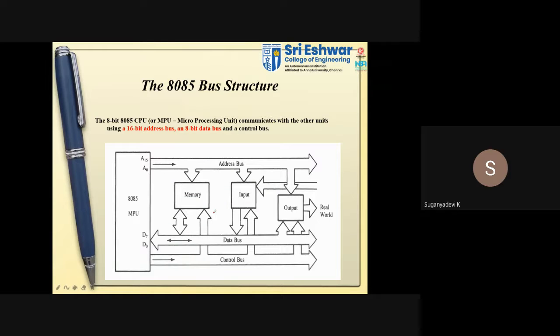So the data from the ALU to memory or memory to ALU, or the results from the ALU to the accumulator, are all handled by the buses. We have three basic buses: the address bus, control bus, and data bus. All these buses put together are called the system bus.